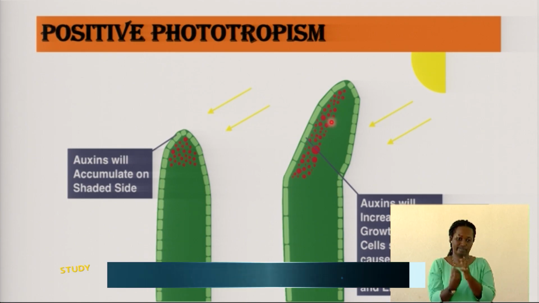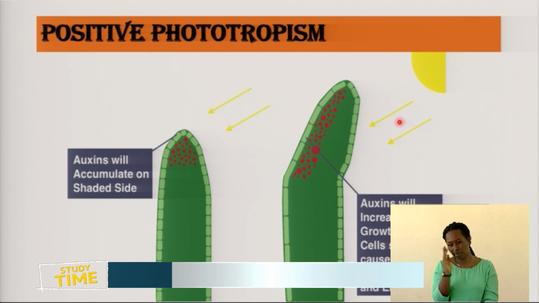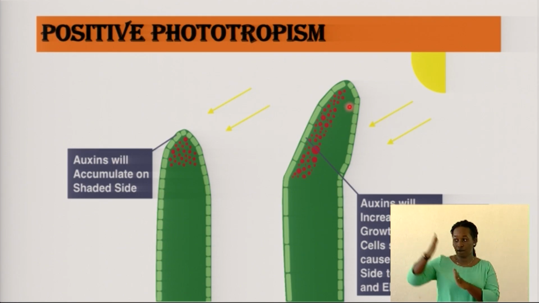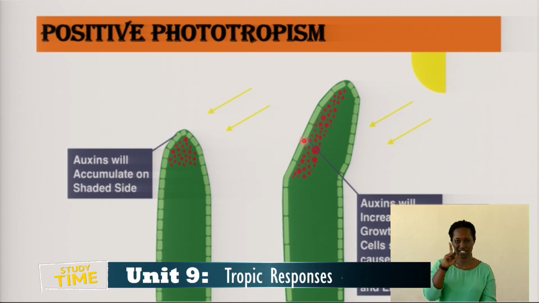That means you can see there is accumulation of auxin hormone on this side where sun rays don't reach, and we don't see auxin hormone here. Now, this is what happens. Auxin hormone causes the cell elongation. These are the cells. As you see, these cells are elongating. They are becoming longer.